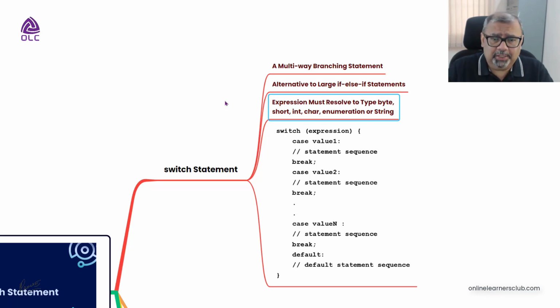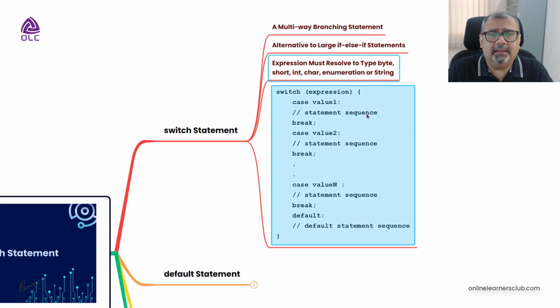So how does it work? We have a statement structure something like this. You have a switch statement which requires an expression, and then you have another type of statement called a case statement, and you specify a value. A value is the outcome of a particular expression.